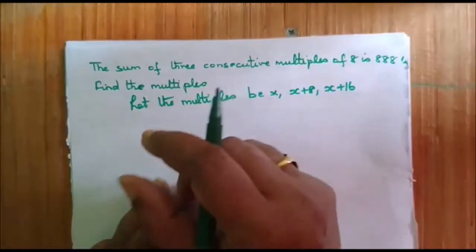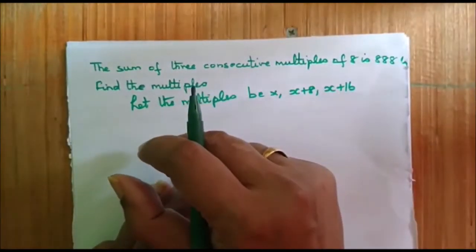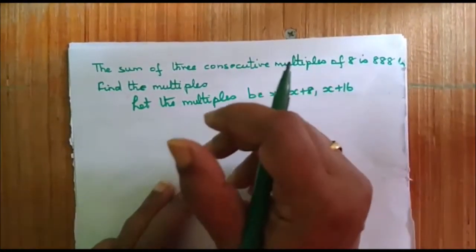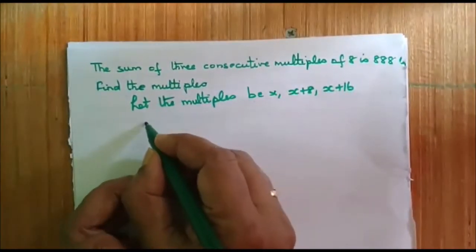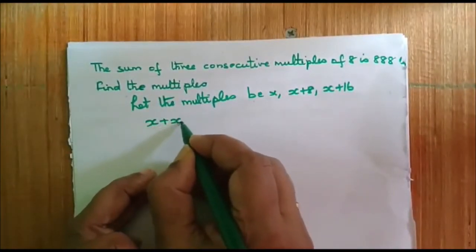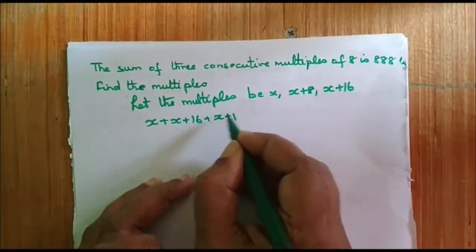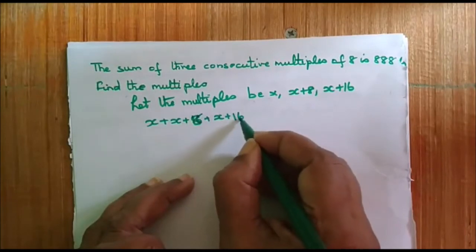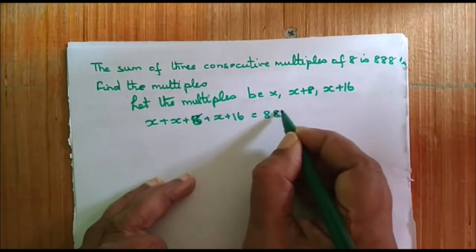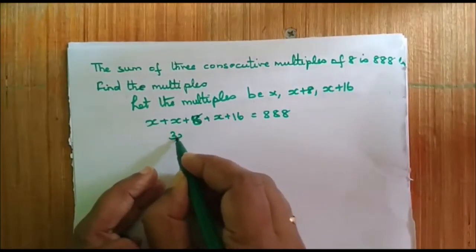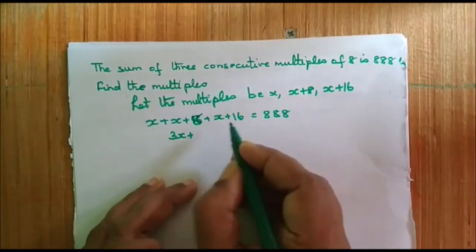I hope you understand this. Since they are multiples of 8, they increase in the order of 8. It is given that the sum of the three consecutive multiples is nothing but 888. So when I add it, I get 3x plus, what is 16 plus 8?